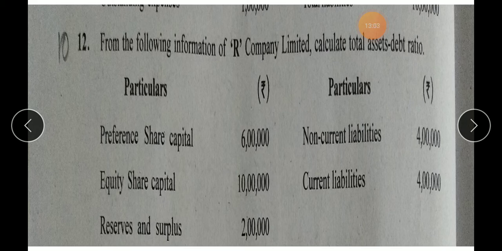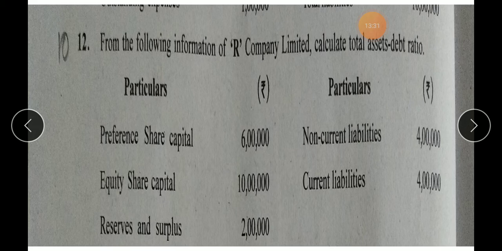I can give you the hint, total assets upon long-term liabilities, non-current minus current. I'm extremely sorry, non-current liabilities are readily given, so you'll consider 4 lakh. And total assets, you will total all of this, because the total of liabilities side and asset side is always equal. Alright, the sum is extremely simple.